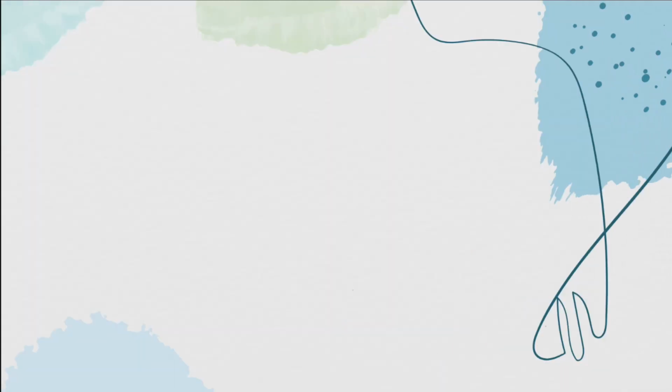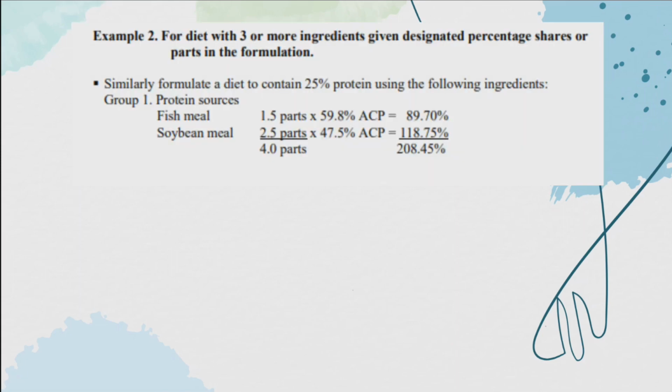So for the second example, for a diet with three or more ingredients given designated percentages, shares or parts in the formulation. Similarly, formulate a diet to contain 25% protein using the following ingredients. For group 1, the protein sources, fish meal has 1.5 parts multiplied by 59.8% crude protein, equal to 89.7%. And the soybean meal has 2.5 parts multiplied by 47.5% crude protein, equal to 118.75%.